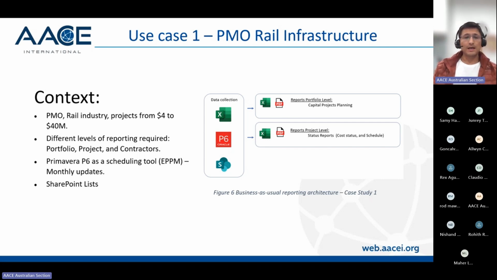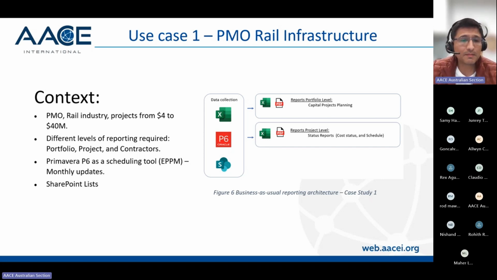And then we had a different requirement for managing contractors, especially on bigger projects around $30 or $40 million. We had awarded contracts to contractors, and so we needed to somehow control that and be able to produce reports from data that came from contractors. So three levels of reporting were necessary.